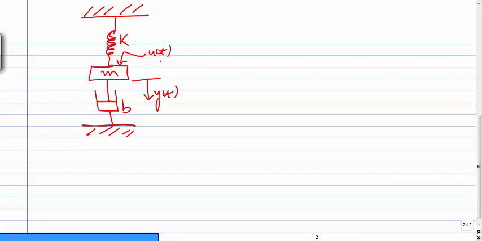So we can model it very easily. We have to use Newton's second law of motion, that is m a. Here y is the displacement, so we can write the sum of forces. What are the forces?